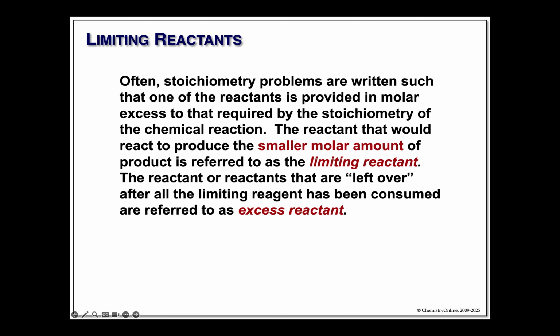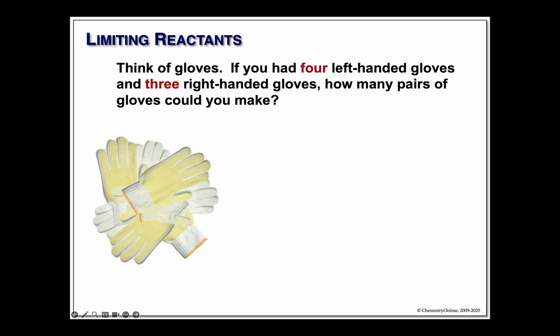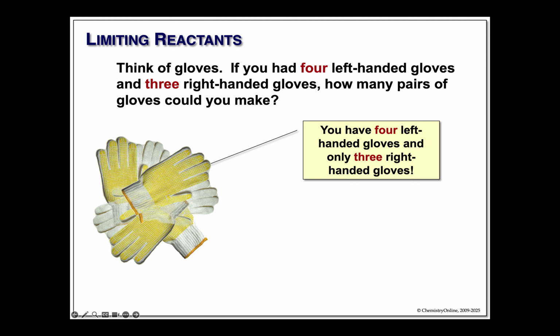So spring is coming. You wouldn't know it this morning, but think of gloves. We all wore gloves when it was really cold, and we've got a big stack in the closet, right? We have 4 lefts and 3 rights. Which set of the gloves is limited?